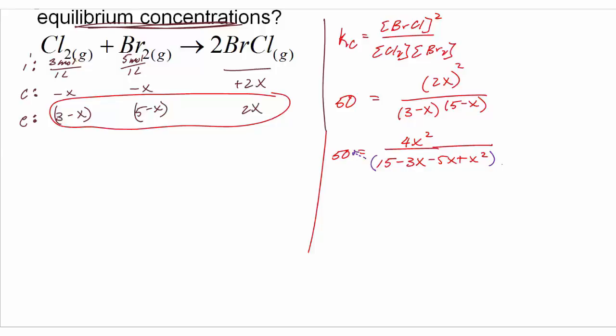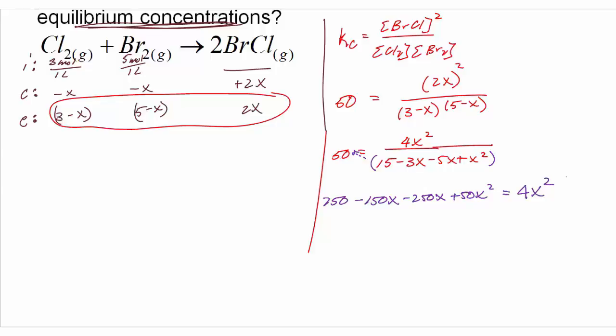So 50 times 15 is 750, minus 50 times a negative 3 is 150x, minus 250x, plus 50x squared has to equal 4x squared. Follow me so far?